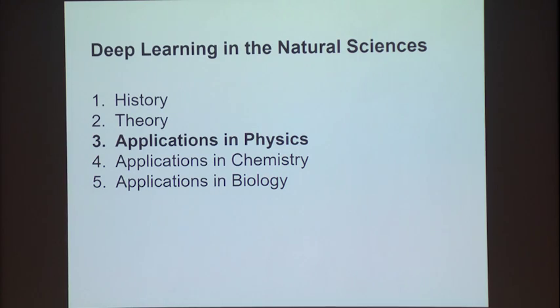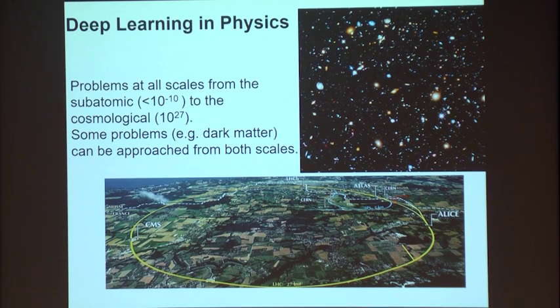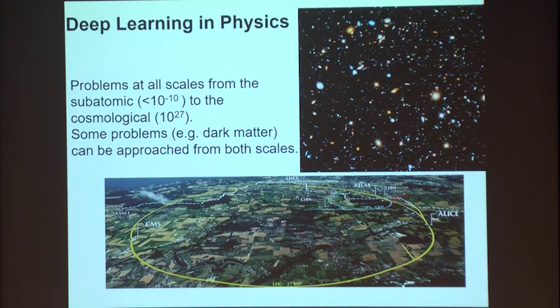Okay, so let's move to applications in physics. There are many, many applications of deep learning in physics. It's just the beginning. You can work at the very small scale, particle, subparticle scales, at the very large scale, cosmological scale, and everywhere in between.